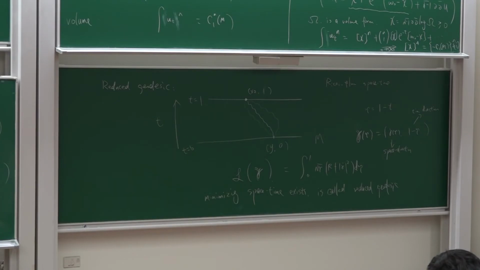Now, the interesting thing is when you have a Ricci flat manifold, you can regard this Ricci flat manifold as a trivial Ricci flow solution, right? So this reduced geodesic has two explanations. One is you regard this as a Ricci flow solution, and the other is from the Riemannian geometry point of view.